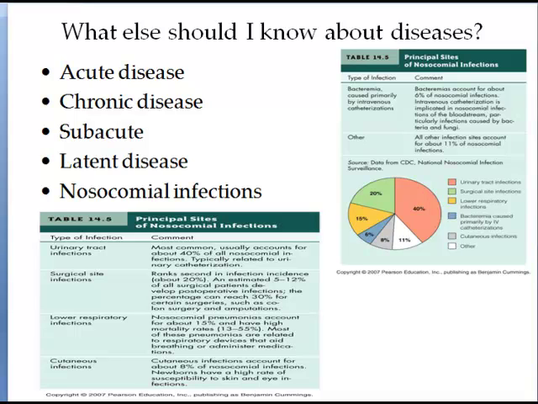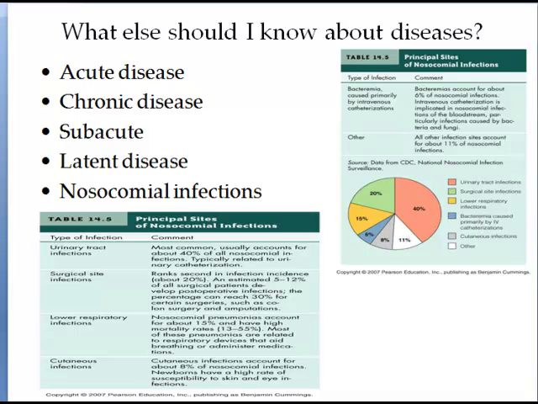Okay, we want to know some more terms about diseases, which describe the severity or the duration of the disease. So here are some more terms. The first one is an acute disease. An acute disease is one that develops rapidly but lasts for a very short time. The best example is influenza.